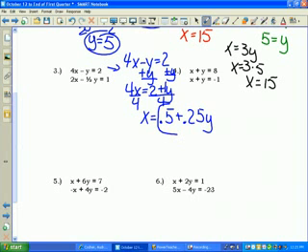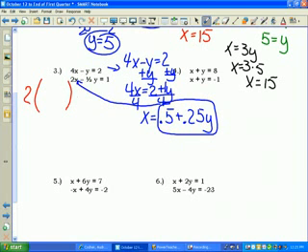This is what I'm going to plug in for x in the second equation. So when I rewrite the second equation, I have 2 parentheses minus 1/2 y equals 1. And inside that parenthesis, I'm going to write 0.5 plus 0.25y.